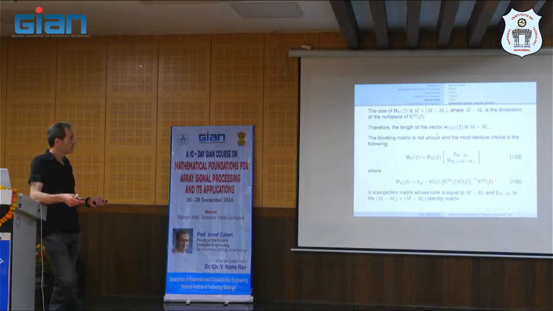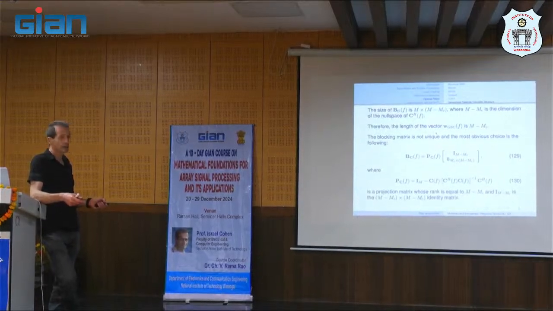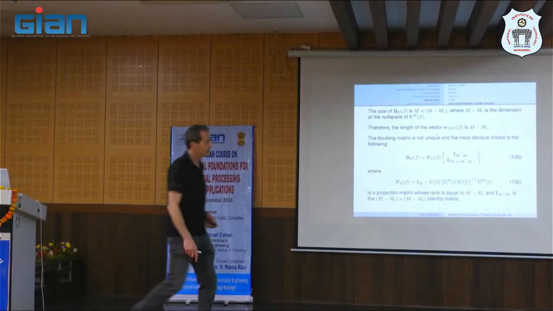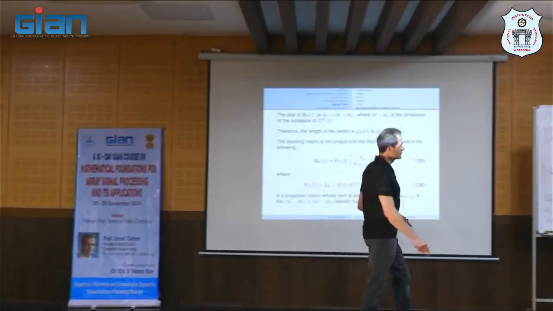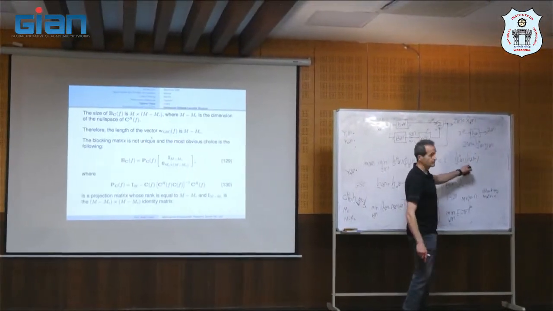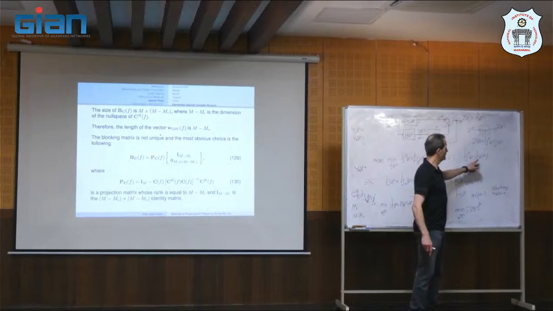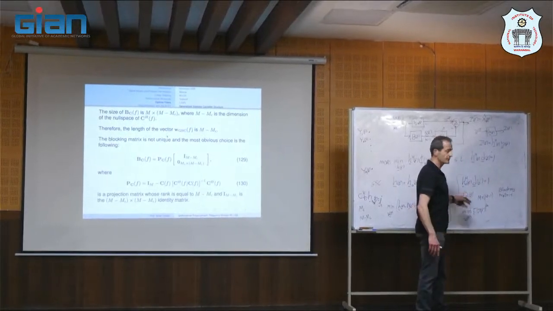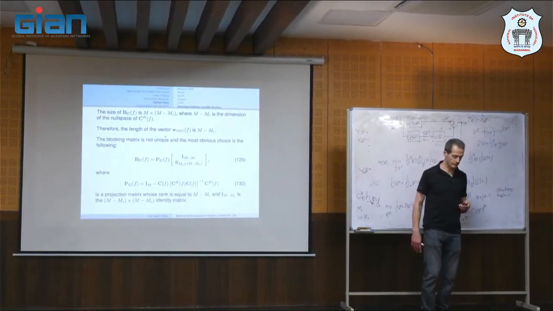Okay, so if we know the constraint matrix, if we know C, we know B, just like with MVDR. With MVDR, if we know the steering vector, we know what is the blocking matrix. This is the only information that we know.